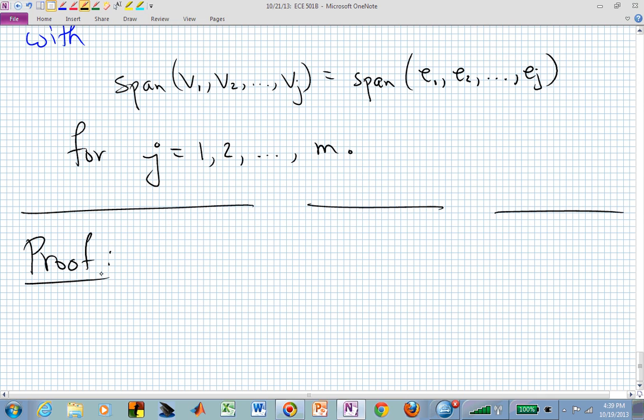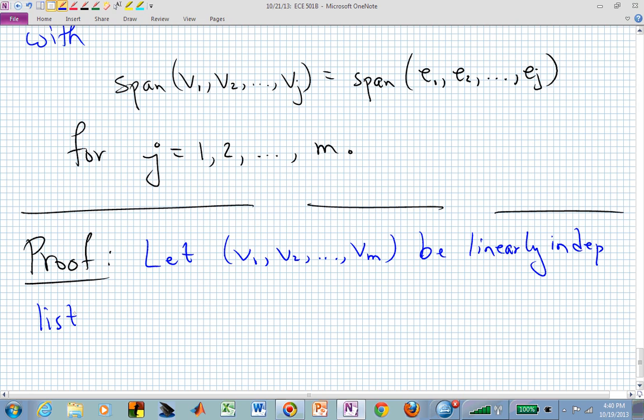And the proof is actually going to be an inductive proof, but it will also be a proof by construction. First, let's just assume that we have this list of length m of linearly independent vectors.